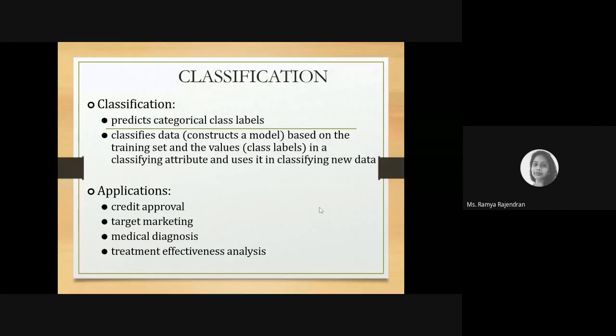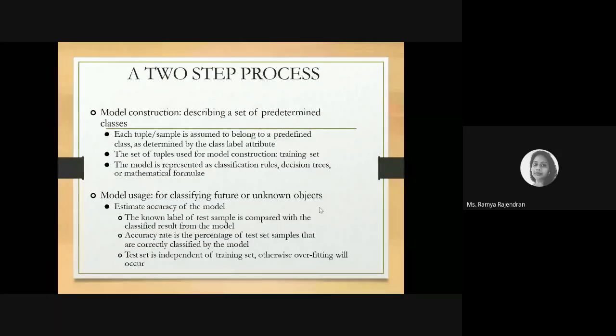Like all the other algorithms, this also has a two-step process where you have to create a model, and after that apply the training data set so that you can predict your future or unknown objects.